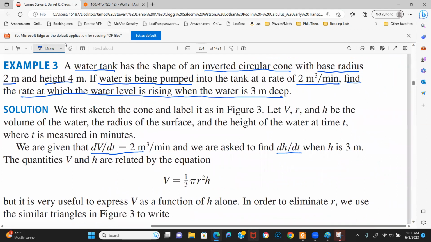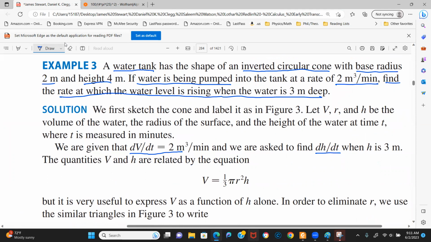The V and the h are functions of time, and also the radius is as well. We want to relate these quantities so we can solve for dh/dt. That's what we want to know: the rate at which the water level, that is the height of the water level, is rising.